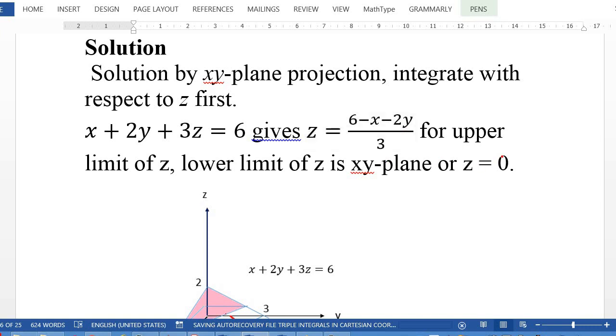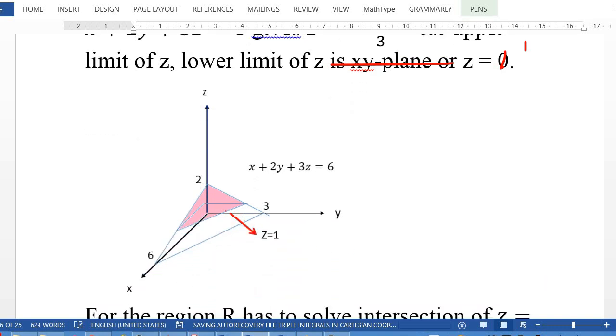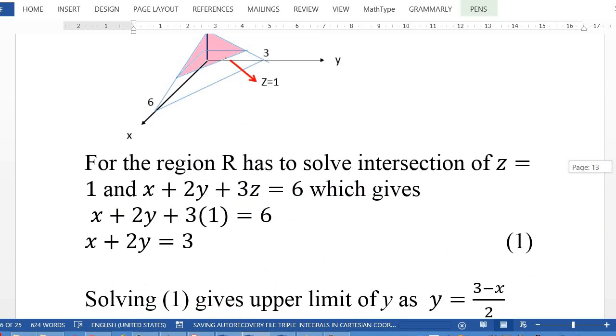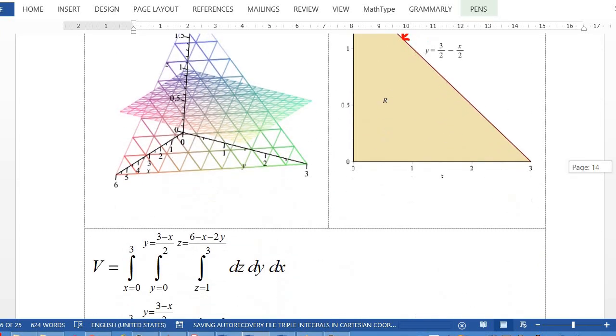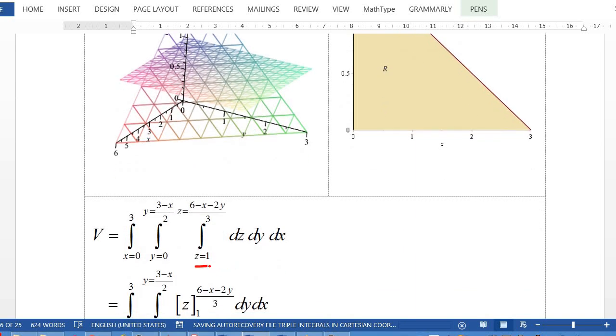Your lower limit is z equal to 1. Different from example 1, now the lower limit is z equal to 1.